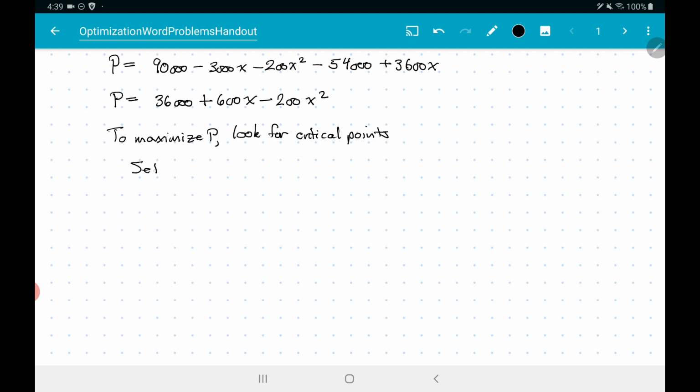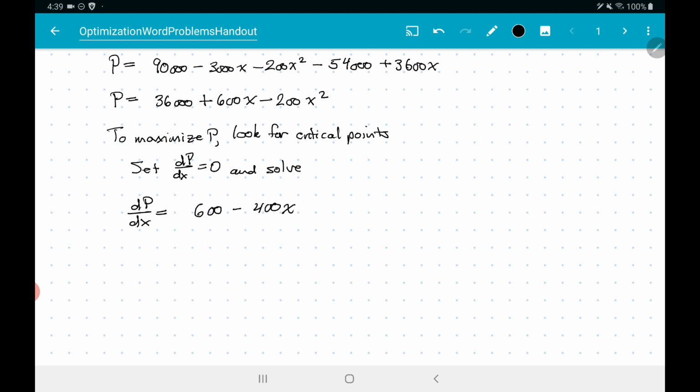We need to set the derivative, which I'll write in Leibniz notation for now, dP/dx, equal to 0, and solve. Okay, so dP over dx, take a moment to do that. Okay, you should get 600 minus 400x.